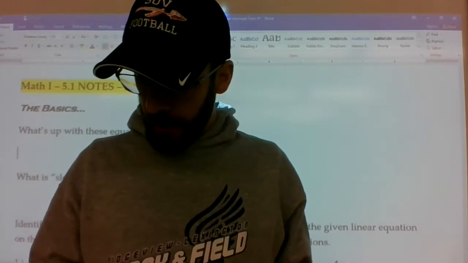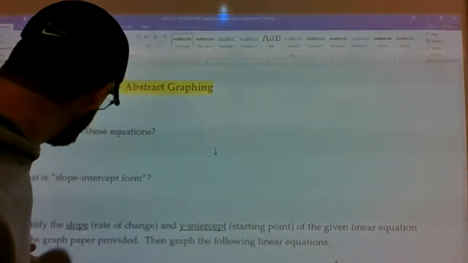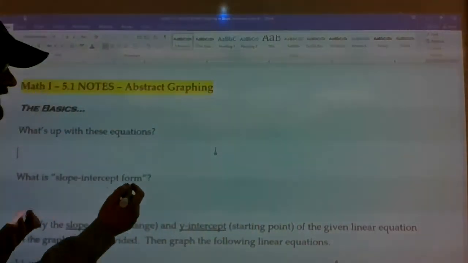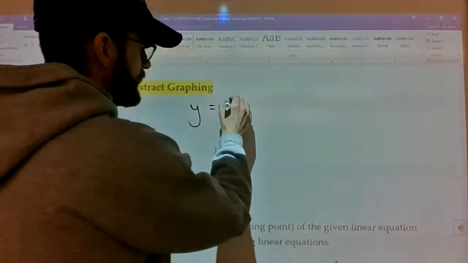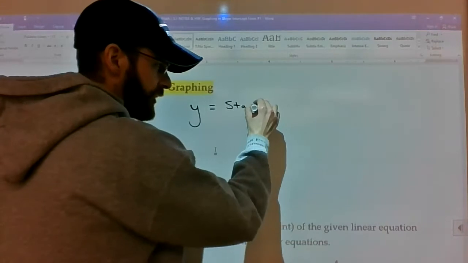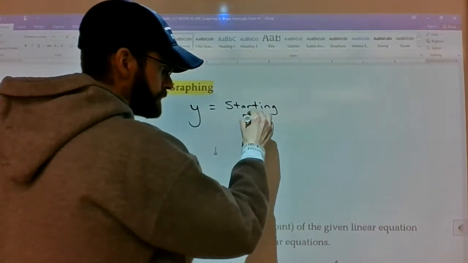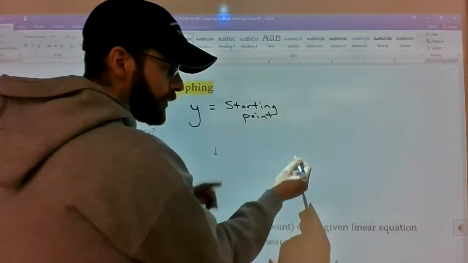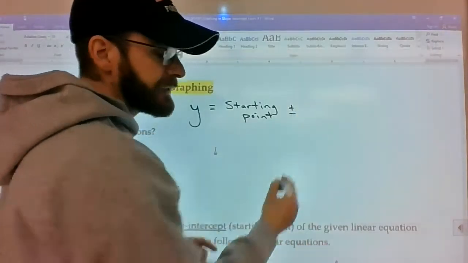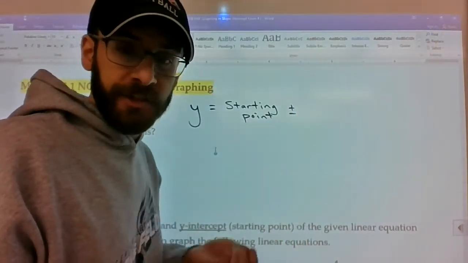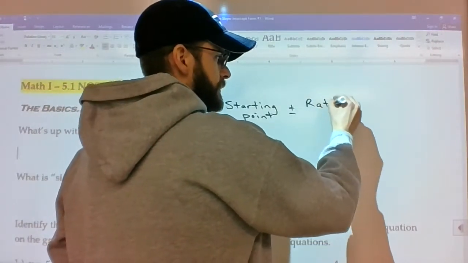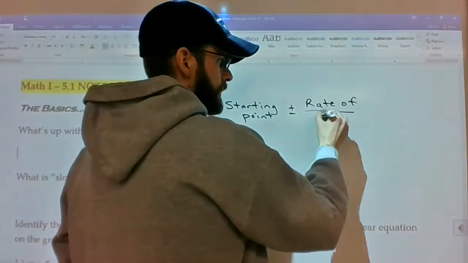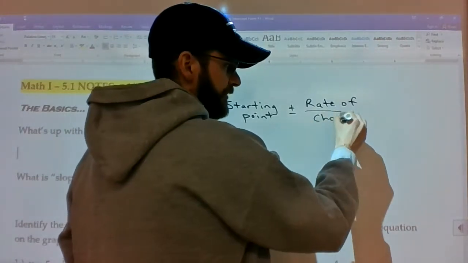So, last chapter, what we did was we basically had to come up with a scenario of y equals, and we always had a starting point, and we were either adding to or subtracting from some kind of rate of change that was either increasing the starting point for plus or decreasing the starting point for minus.